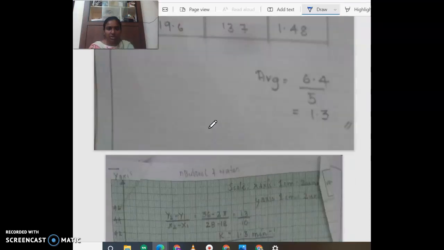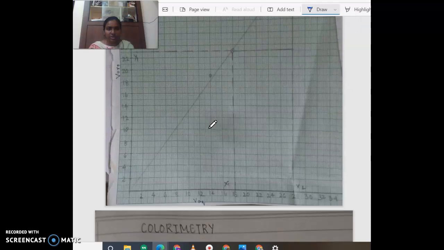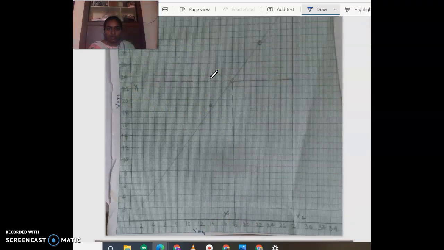On the x-axis, 36.8, we correlate that. Like that you have to keep all the points.